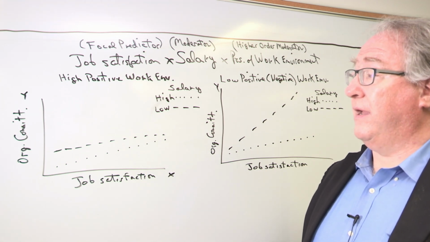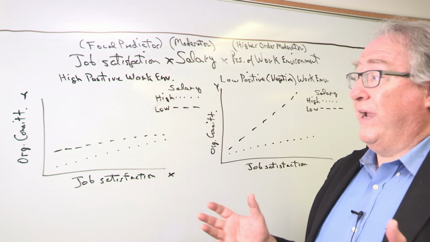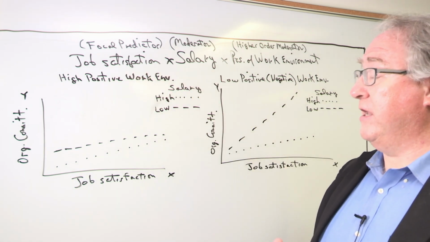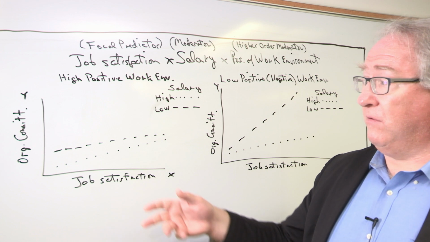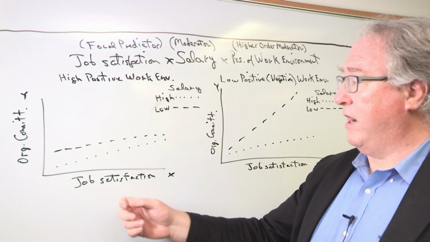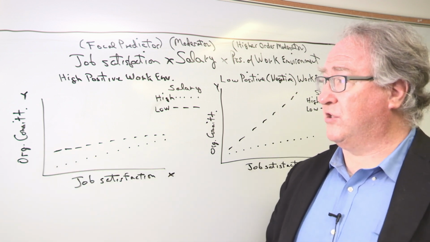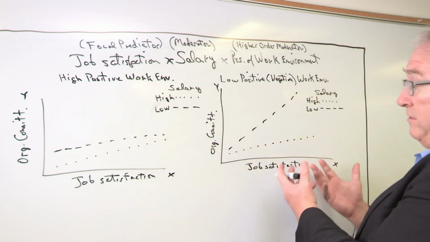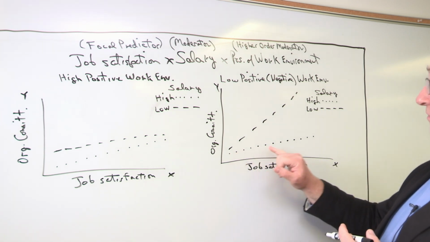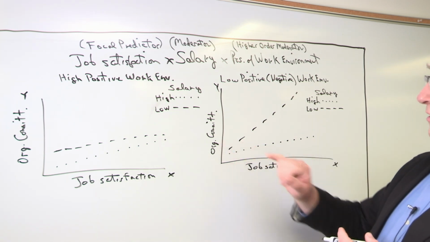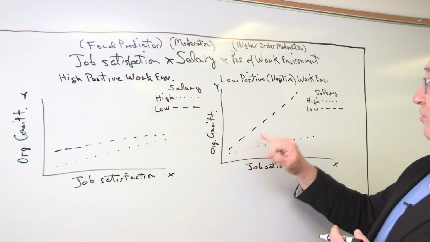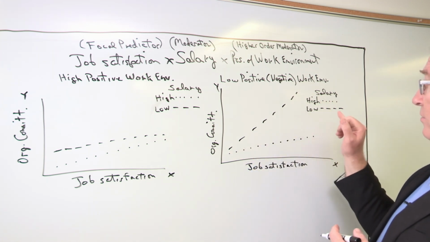So here we find that the way the two-way interaction, job satisfaction by salary, looks, well, we have no effect, regardless of the salary of the employee, of job satisfaction on organizational commitment. Or here, how the two-way interaction looks, well, we have no effect of job satisfaction on organizational commitment among our high salaried employees, but we have a strong effect among our low salaried employees.